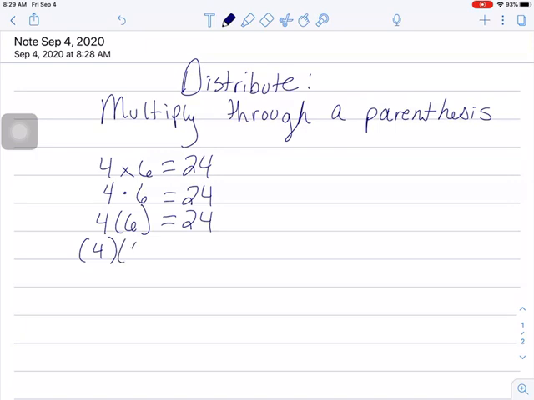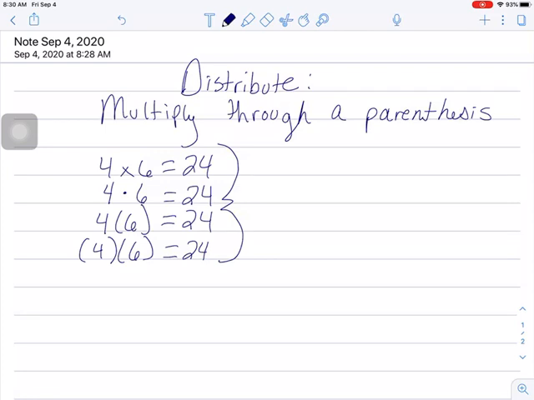The first term can also be in parentheses or not, and it means the same thing. So all of these are versions of the operation multiplication, how you might see that written.